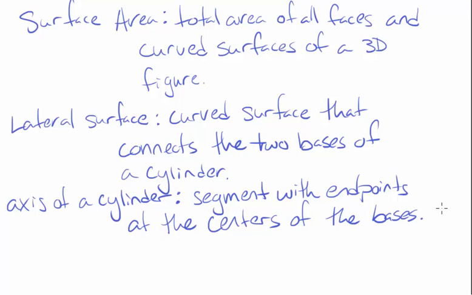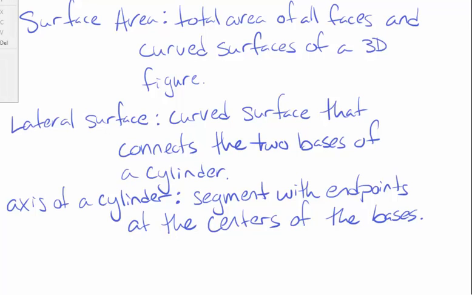So we have 3 more definitions here: surface area, lateral surface, and then the axis of a cylinder. And once again, the axis of a cylinder is the segment with endpoints at the centers of the bases. So again, the bases are circles, so it would be the center of the circles.